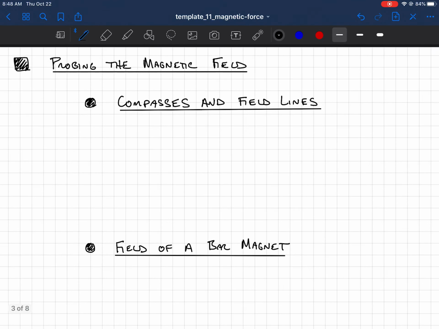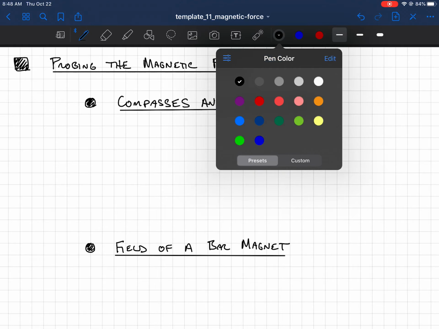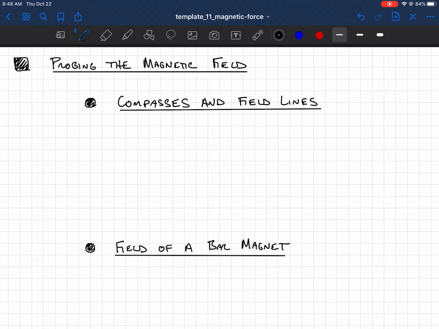So I've already been using the word magnetic field, but we should sort of talk about what that means. We talked about how there are rocks with two poles, and the sort of canonical magnet that we might draw is called a bar magnet, and we draw the north and the south pole of that thing like this. We talked about how you have an attraction of a south pole to a north pole.